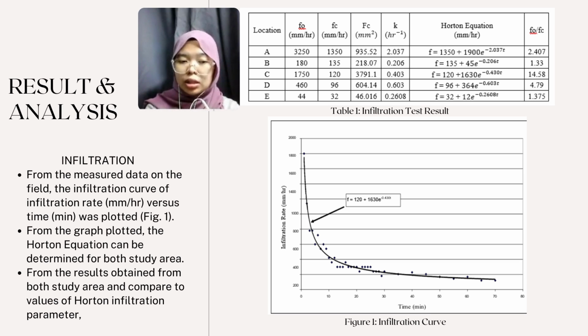From the measured data in the field, the infiltration curve of infiltration rate versus time was plotted in figure 1. From the graph plotted, the Horton equation can be determined for both study areas, and the results obtained were compared to values of Horton infiltration parameters.